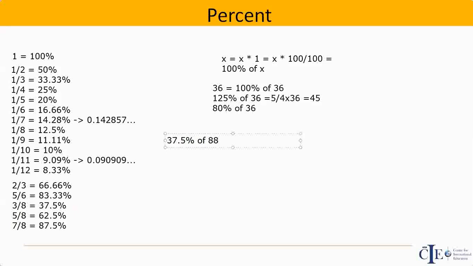Normally, as you did in your school days, 37.5 divided by 100, then multiply by 88, and then start cancelling the denominator 100 with the numerator and do all these calculations.